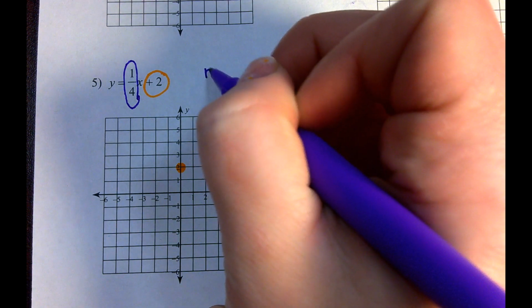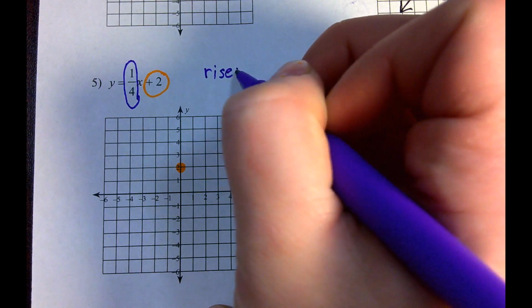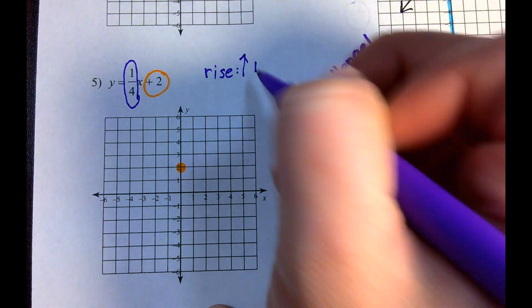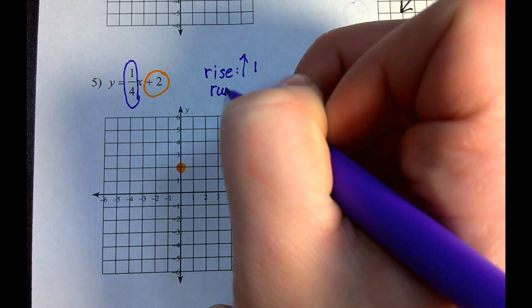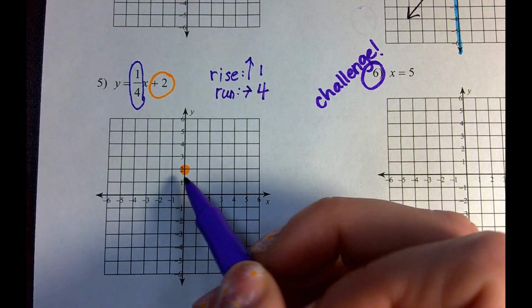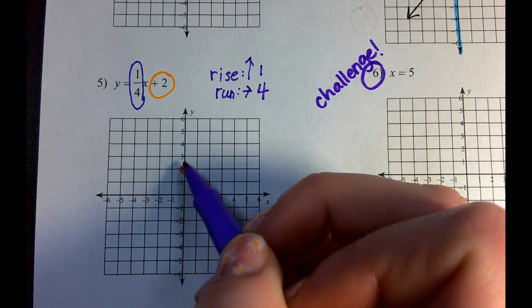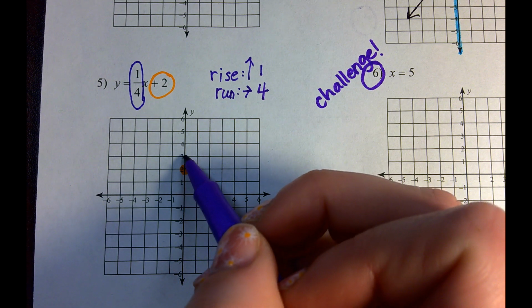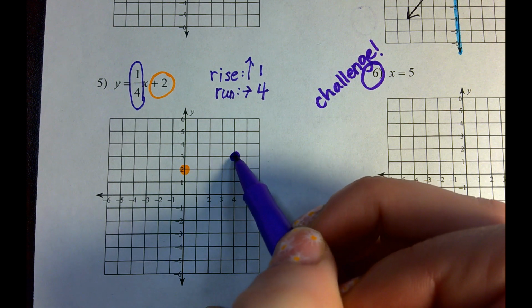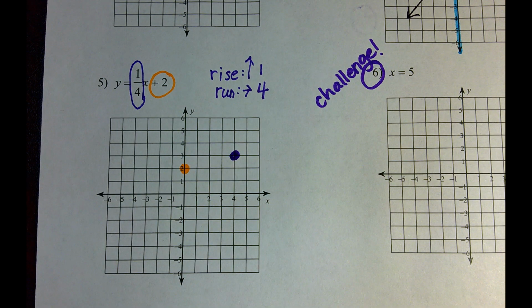So my rise is what? 1. And my run is going to be 4. So from my first point, I'm going up 1, over 1, 2, 3, 4. There it is. So we'll connect the dots and then we're going to label our points again.